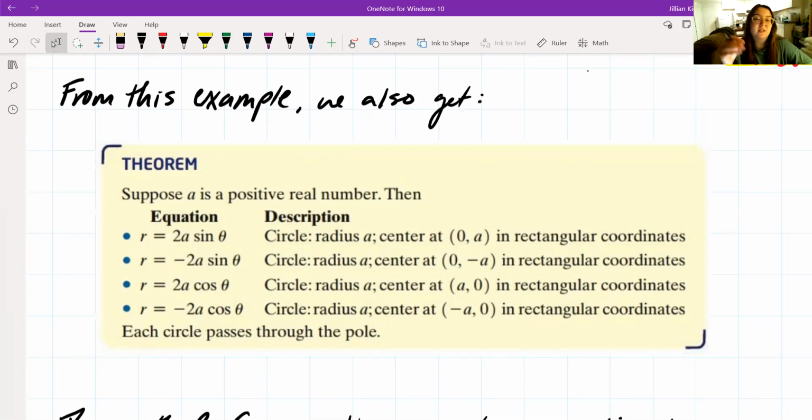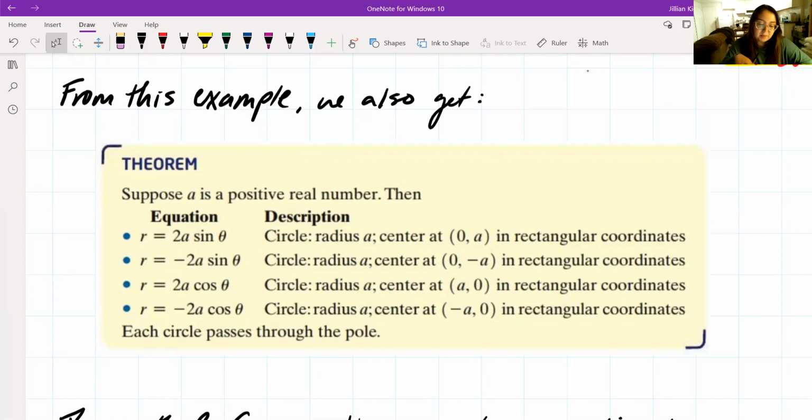So in all of these cases, the radius is always going to be a. Then your center, in accordance to 2a times sine of theta, is going to be at 0, a in rectangular coordinates. If you have a negative version, it would be 0, -a for sine of theta. If you had a negative version with cosine, it would then be -a, 0. Positive cosine, it would be a, 0.